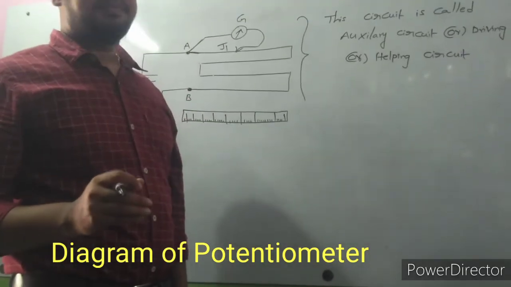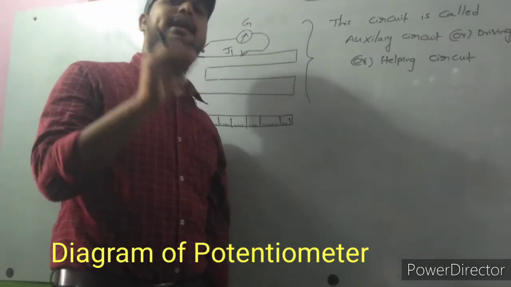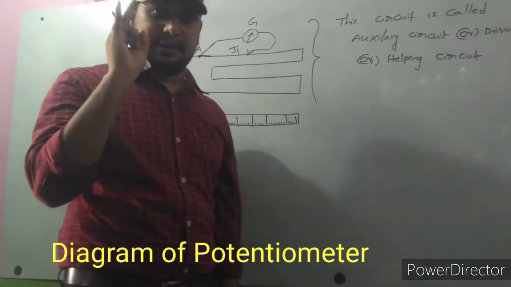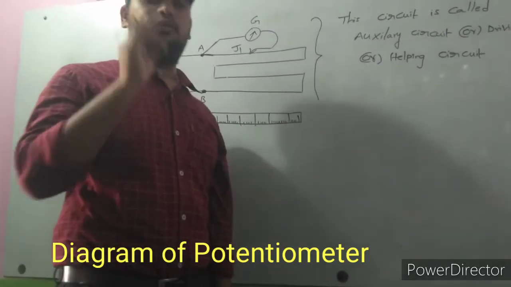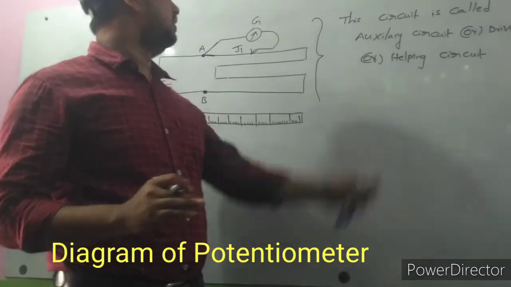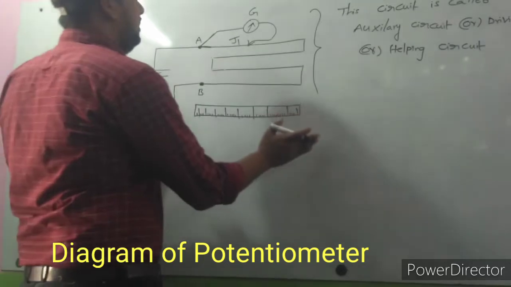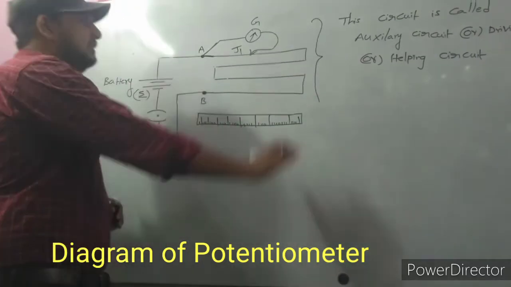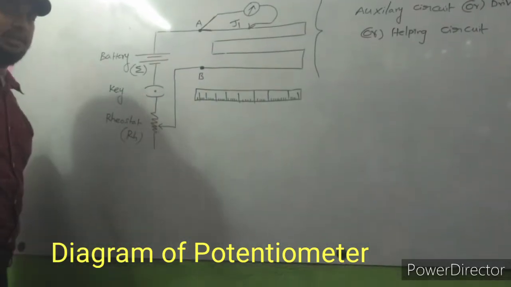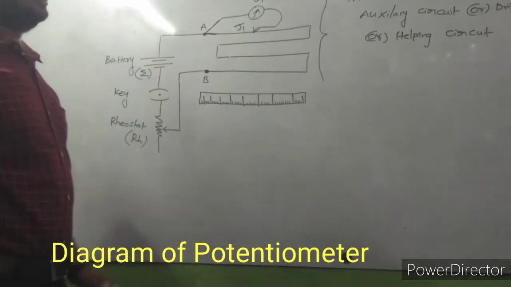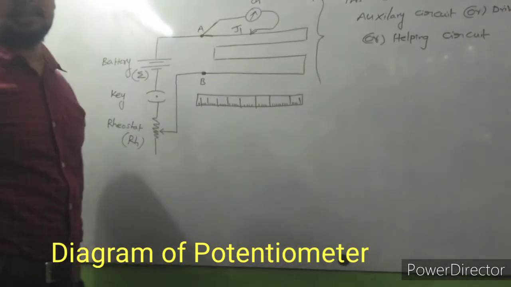And to find the internal resistance of the cell. But every potentiometer setup should contain this auxiliary circuit, and after that we connect some more wires based upon the situation.